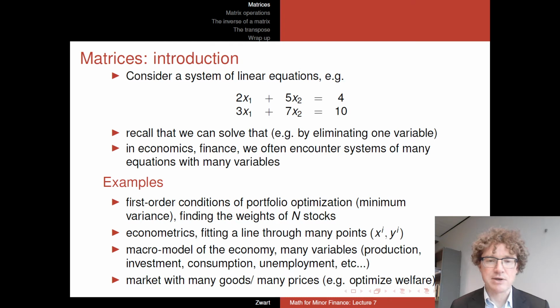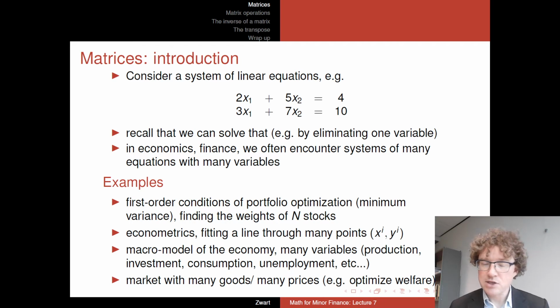Also in econometrics, you'll do an econometrics course soon. One thing we typically want to do in econometrics is regression, often linear regression. Basically that means fitting some line through a lot of points. So it means finding variables like the intercept and different slopes in order to fit a line as closely as possible to a number of observations, the x and y's.